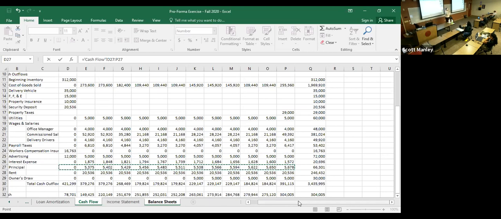Your principal is the amount that you're paying down your loan every month, right? So if I sum all of those things up, would that equal the net current portion of my long-term debt? Fortunately, because there's a total column here, I don't have to sum them all up. All I have to do is say, go to my totals column and get the principal for the first 12 months.